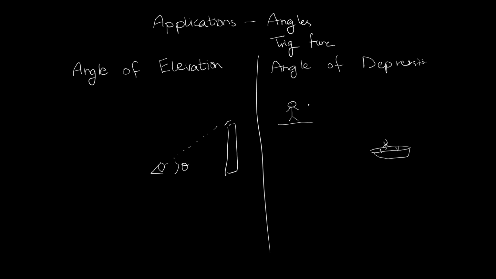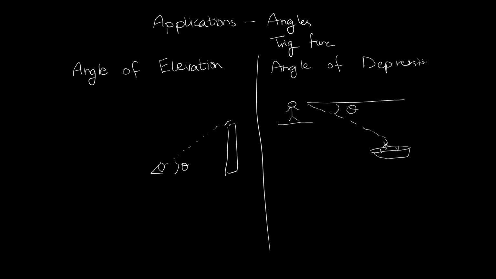And when you look at this person, you have the angle of depression, which can be calculated by drawing a straight horizontal line from your eyes and finding this angle. So don't confuse it with the angle of elevation from the person, that would be different. But your angle is this upper one, not the downward one, which is phi.